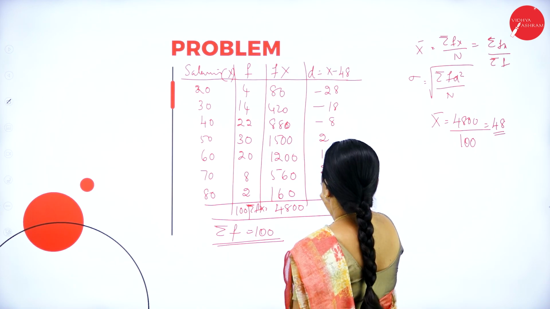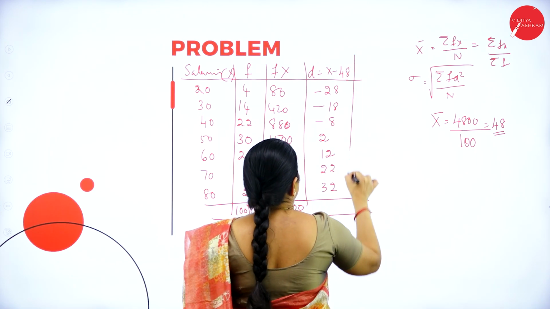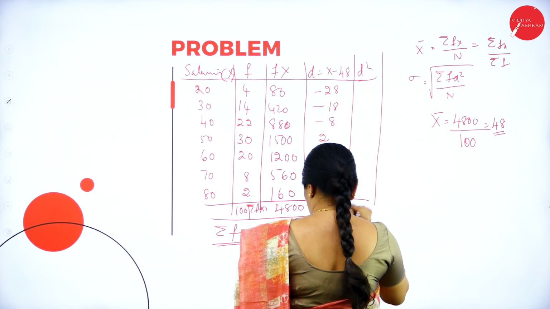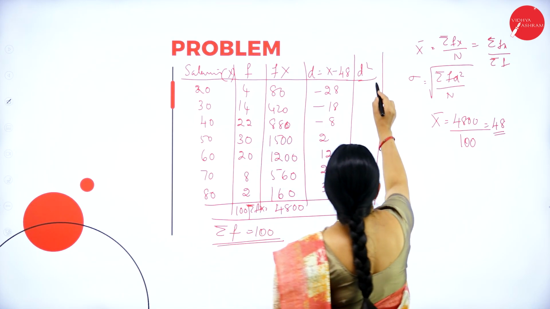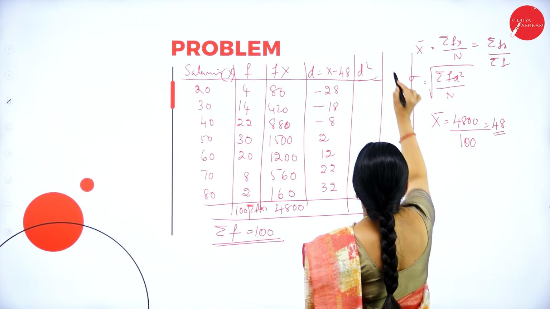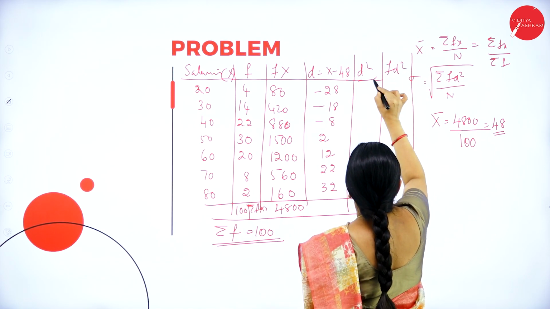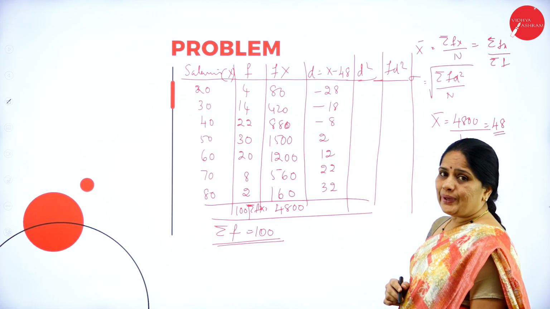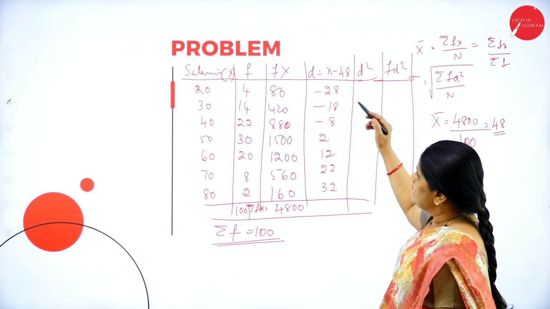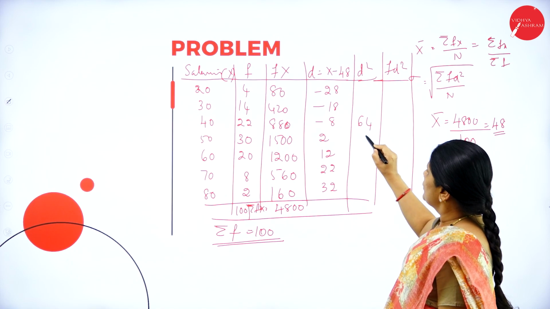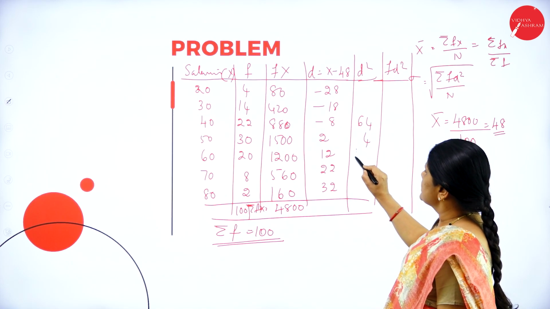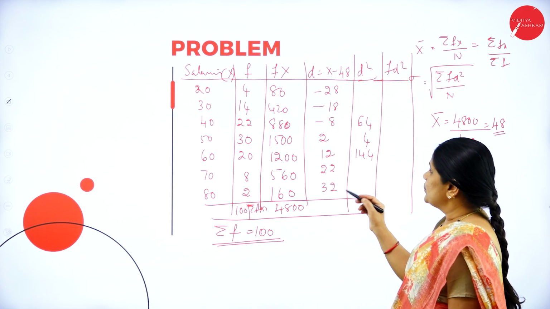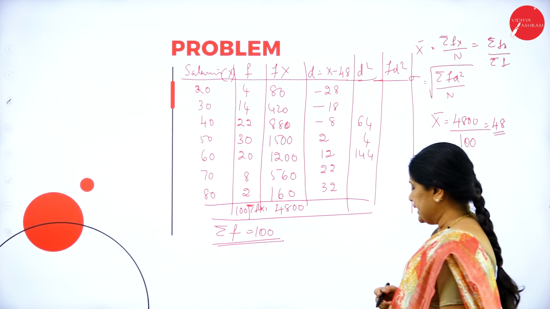Then next we have the d square values. The d square values will be 28 into 28, 18 into 18, 8 8s are 64, 2 2s are 4, 12 into 12, 144, 22 into 22, 32 into 32.